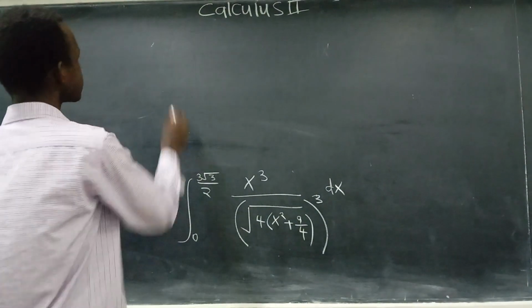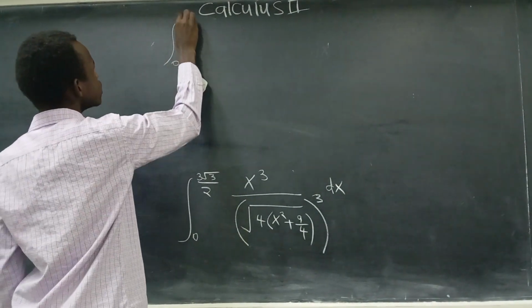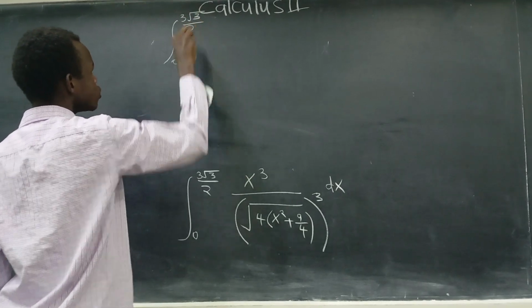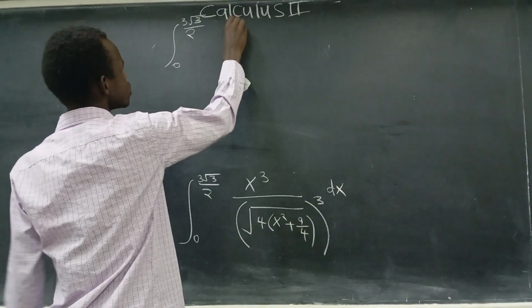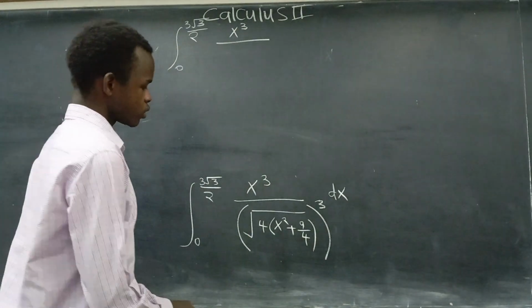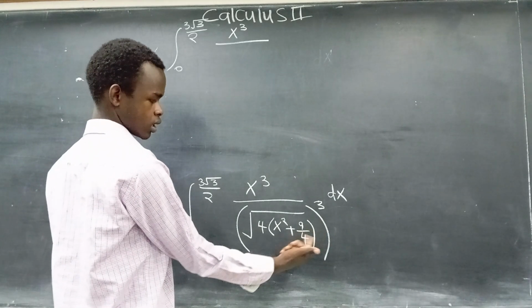So we'll say again the integral from 0 to the square root of 3 divided by 2, x cubed divided by, so this I can say the square root of 4 multiplied by the square root of that part.